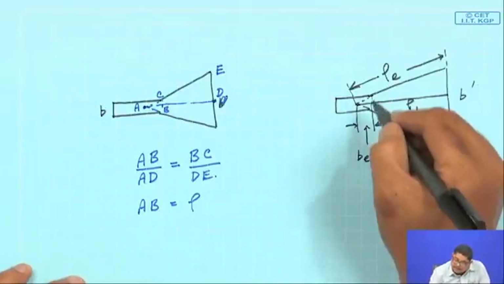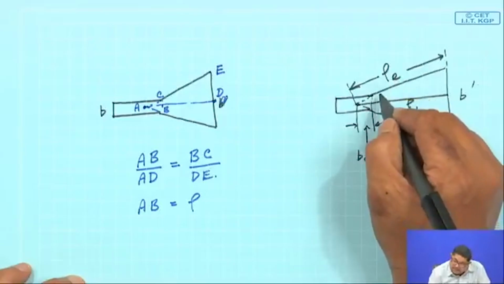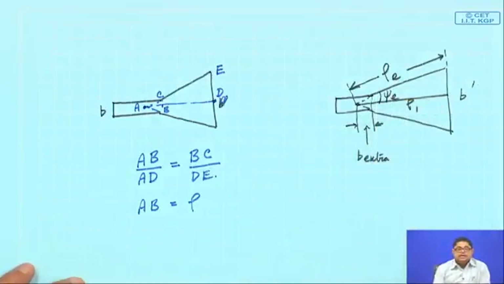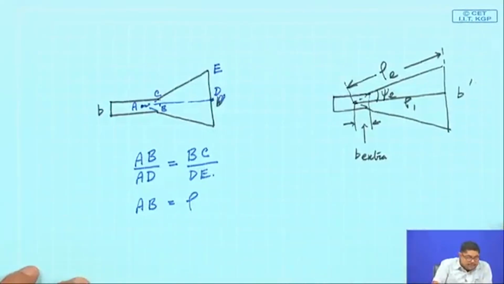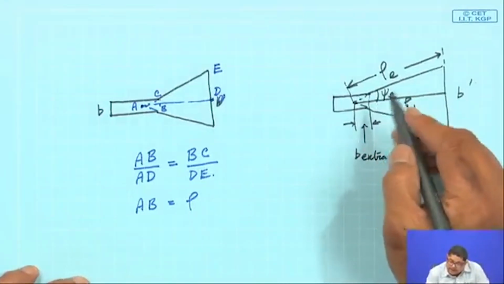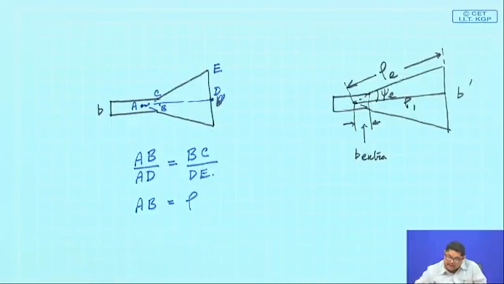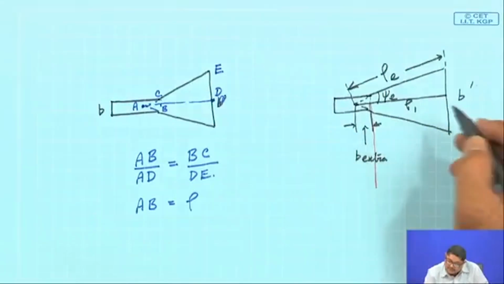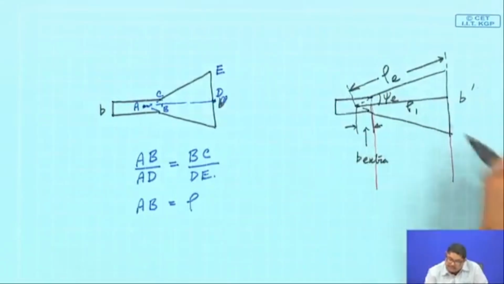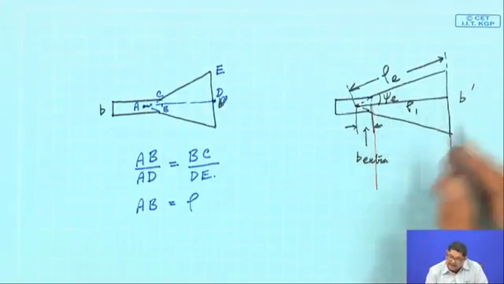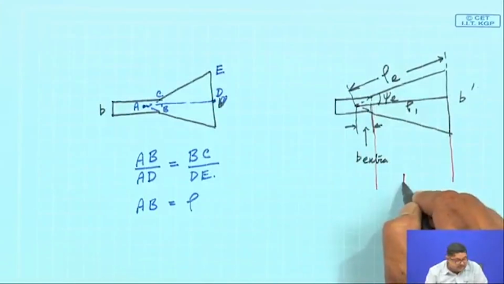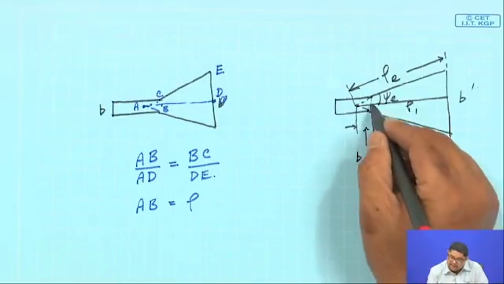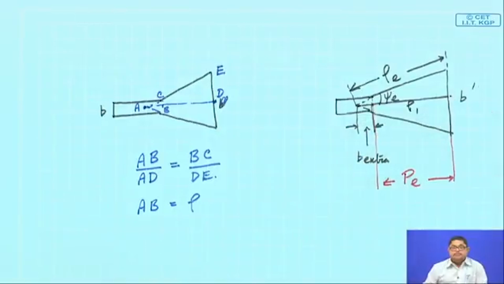I have given this angle as psi E, because it is an E plane horn, and I will also say that it means the flaring that has taken place for a length P, that means from here to here the length is P.